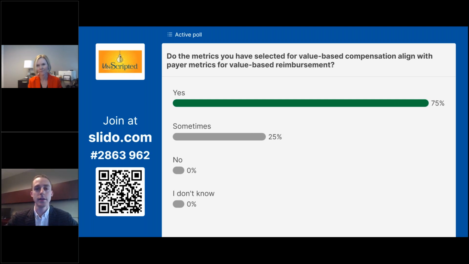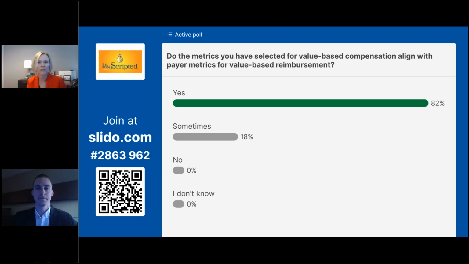It's going into either the hospital or health system or the practice, and then coming through to the provider's compensation. So when we think about the alignment and flow of that dollar, we want the metrics to have a similar alignment. But again, there's a lot of pieces to try to put together and a lot of people that have to work to get to that point.